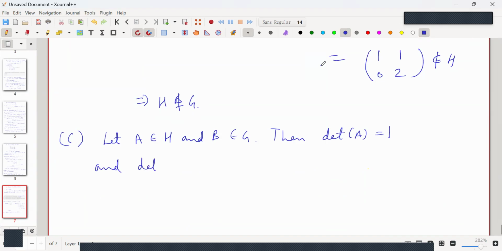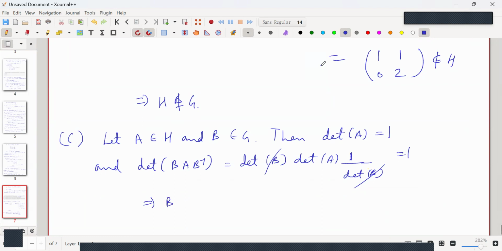So the determinant of B A B inverse is determinant of B, determinant of A, and 1 upon determinant of B. So determinant of B inverse is always 1 upon determinant of B. So this will cancel out, and this will be 1.